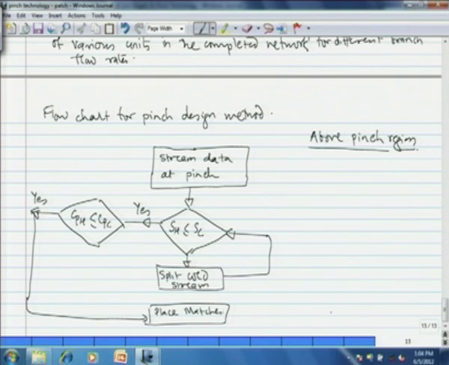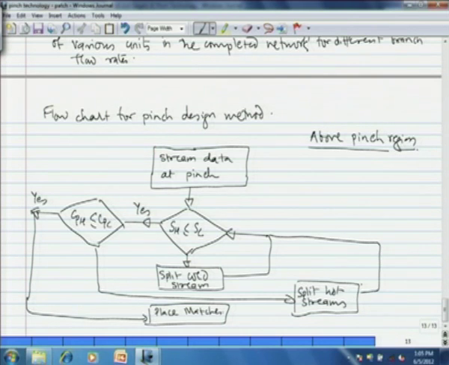However, if that is not satisfied, then you have to go and split the hot streams, and once again check whether the stream population criteria is satisfied, and then the whole algorithm follows.